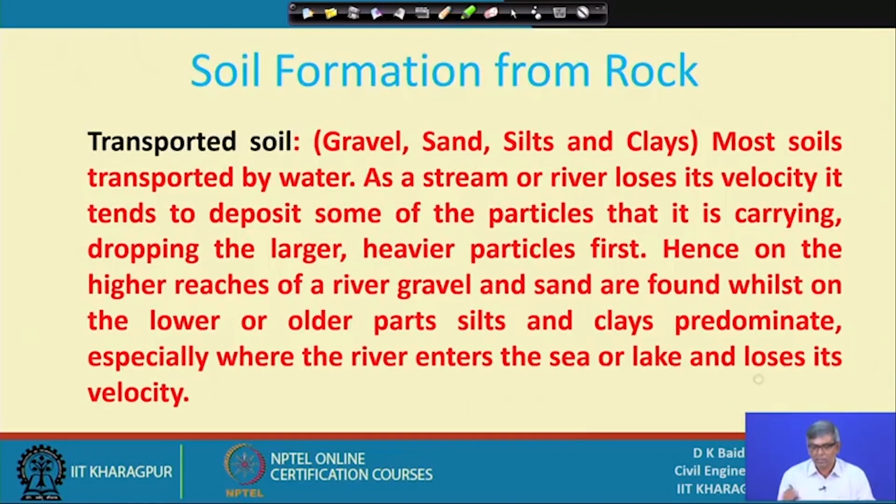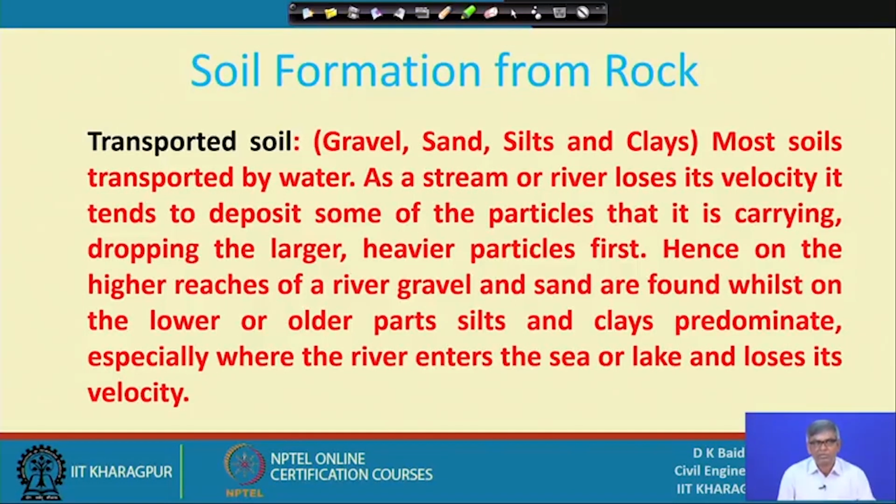One is transported soil. Generally, under transported soil there are gravel, sand, silt and clays. Most soil is transported by water.